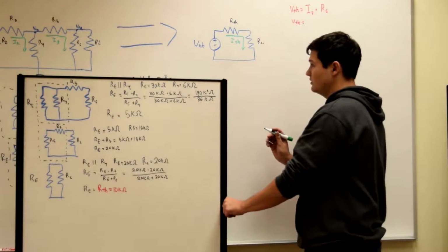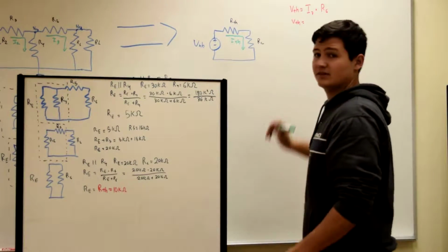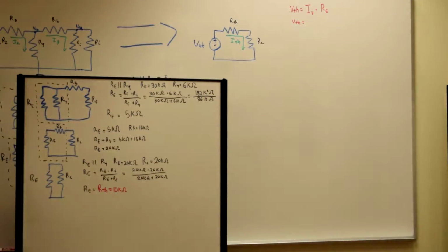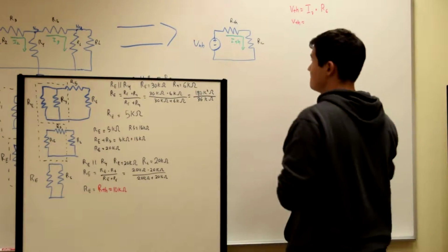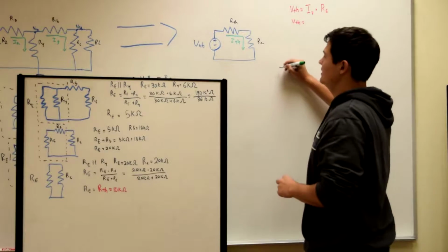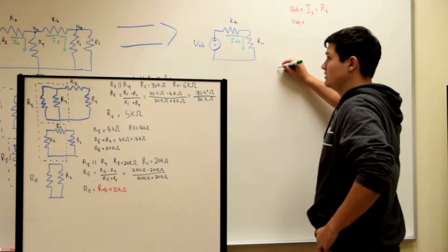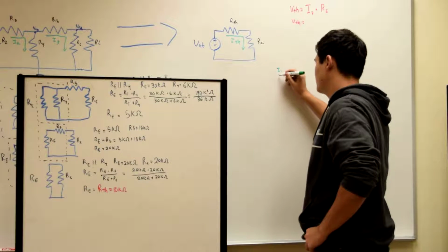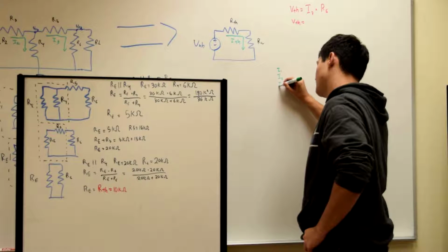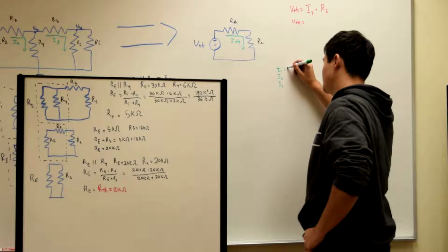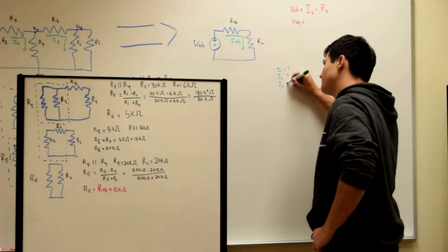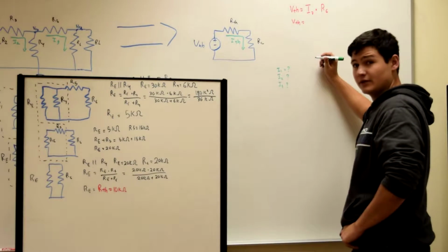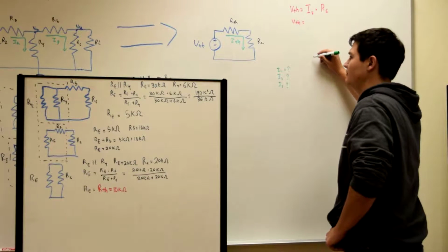Now what we have to do is we have to set up our equations for our mesh analysis. So these are pretty easy. We have I1, I2, and I3, all of which are unknowns. And so that means we're going to need three equations, three unknowns, not a problem.